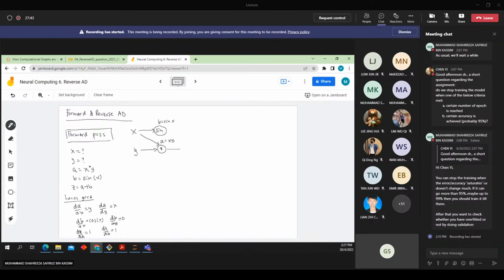And then you combine both of them to the variable z, which is z equals a plus b. Now, I should write this in blue, but we get the idea. These are the local gradients.